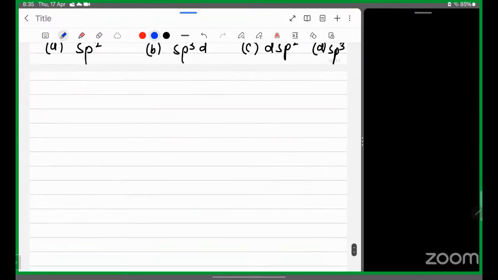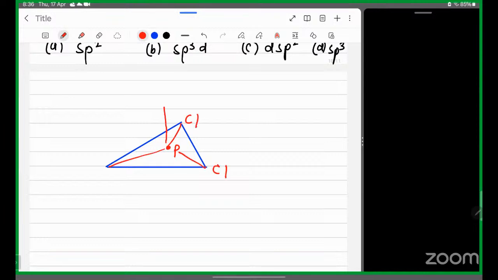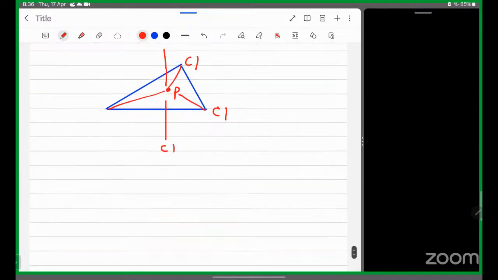PCl5 is P with 3 Cl atoms in plane and 2 Cl atoms in perpendicular direction. So if you look at the number of sigma bonds on phosphorus, there will be 5.